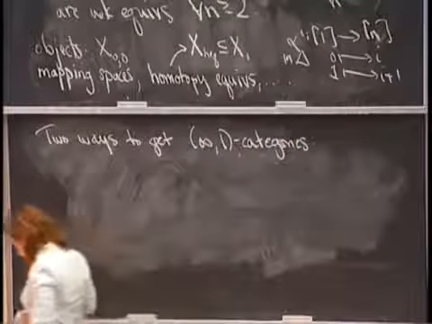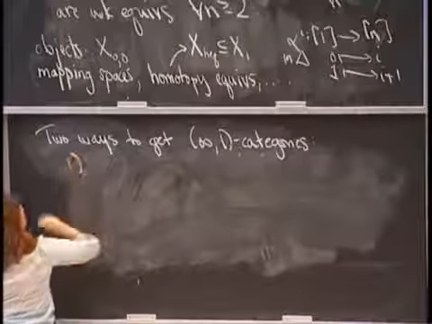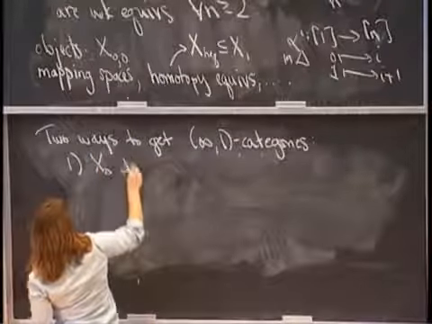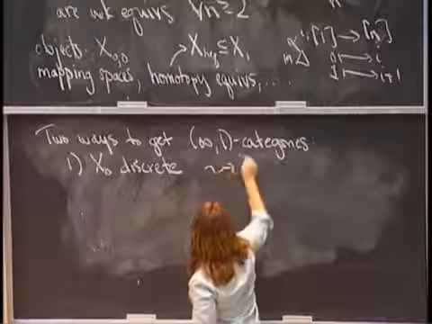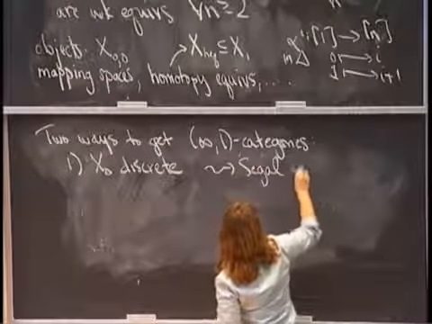One way is that you can ask that X_0 be discrete. And that is what's going to give you the definition of a Segal category.